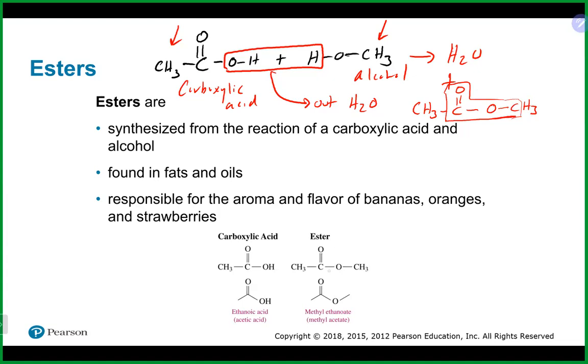Here is our ester right there. Here's how it looks in line formula. When we draw it, that is our carbon at the end, which gives us our carbon, oxygen, carbon with our carbon-oxygen double bond, which is necessary there for our ester group.